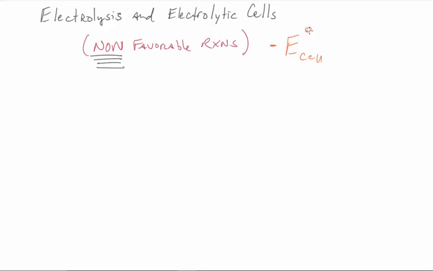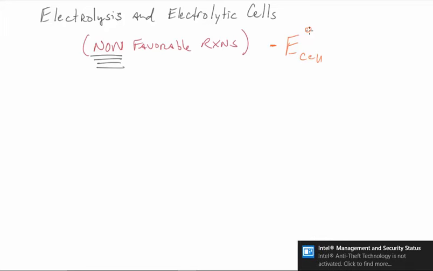Another large thing that you're going to have to be able to recognize with these things is that you must use a power source to drive these reactions. Since it is a non-thermodynamically favorable process, it is not spontaneous. We will have to actually use energy to drive and make this reaction happen.